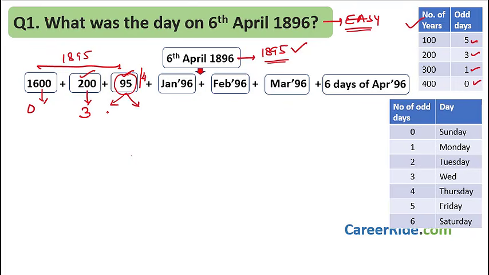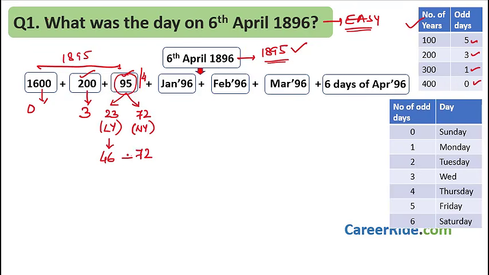I get 23 leap years, and I get 72 normal years. Okay, now I further know that each leap year has got 2 odd days, so there are 46 odd days here, and in this 72 there is just 1 odd day every year, so this is 72 odd days here.